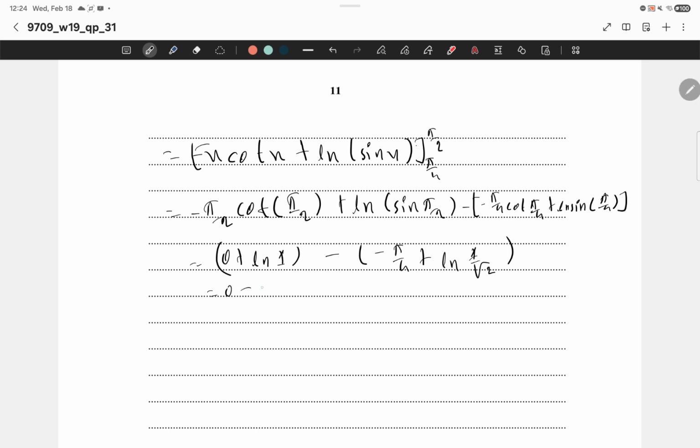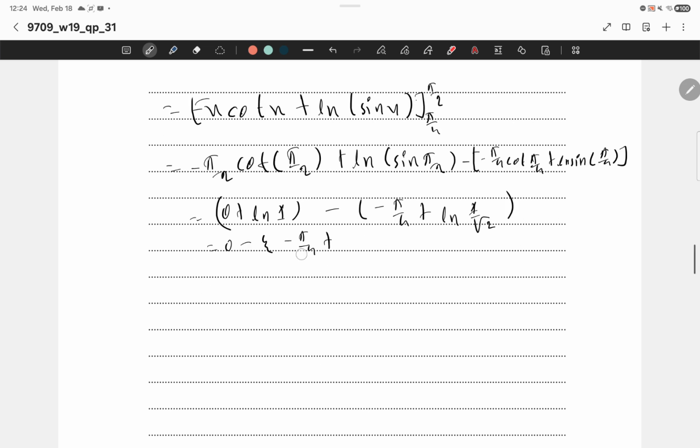So it's actually 0 minus my negative pi by 4 plus, I mean I already put the values, what am I doing. So it's pi by 4 minus ln 2 to the power minus half.